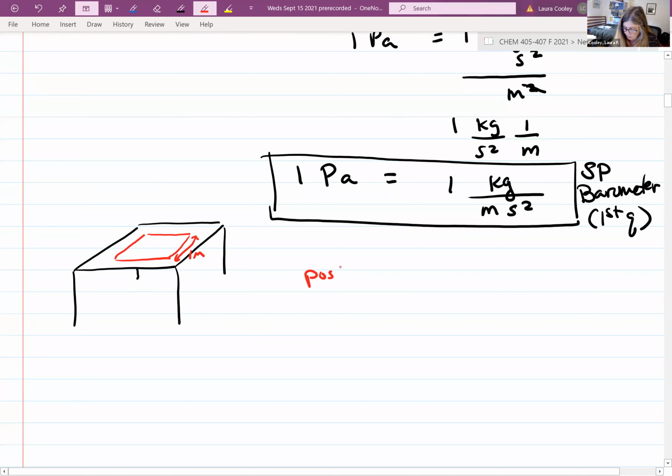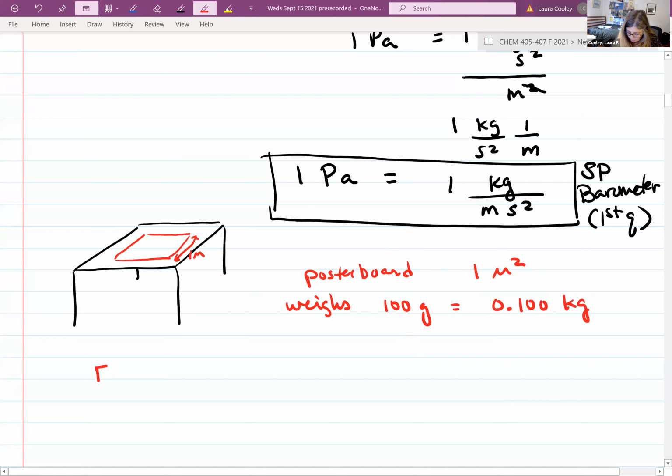So I have poster board. That's 1 square meter. And suppose it weighs 100 grams. So that's a little less than 1/4 of a pound. That seems reasonable. So that's 0.1 kilograms.